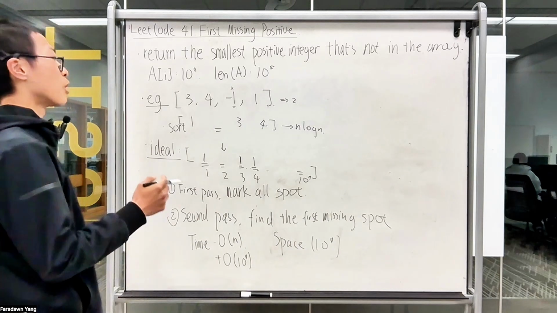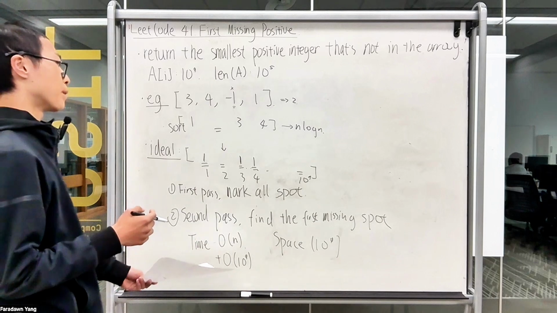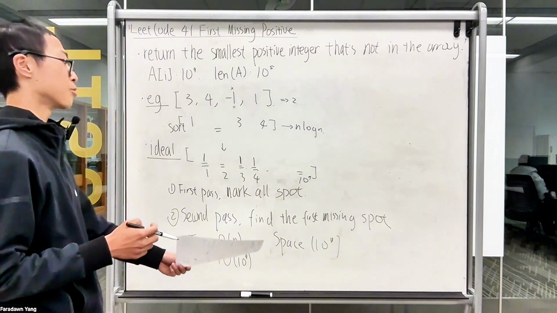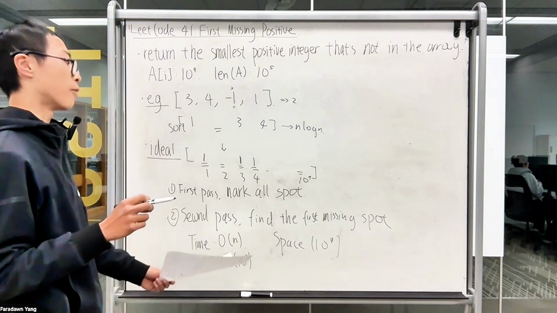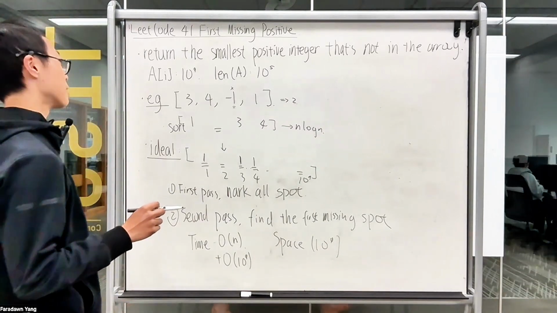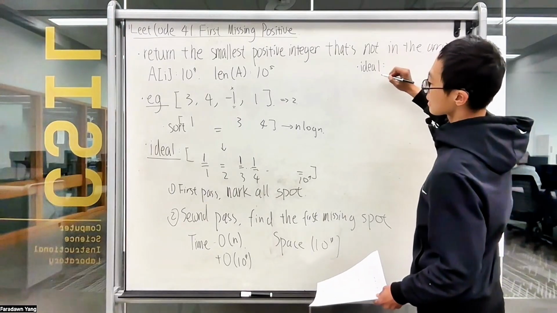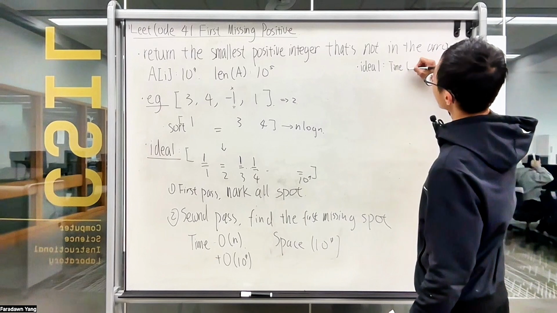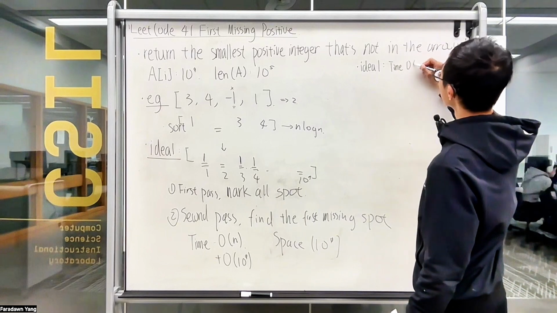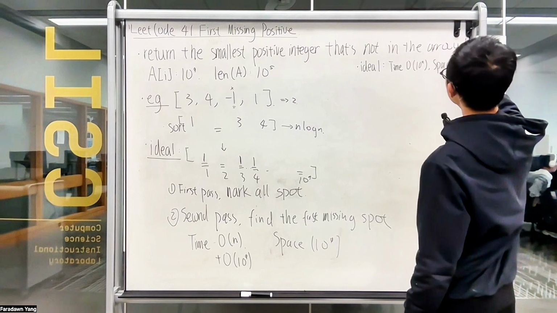Idea 1 has a time of 10 to the 9th and space of 10 to the 9th.